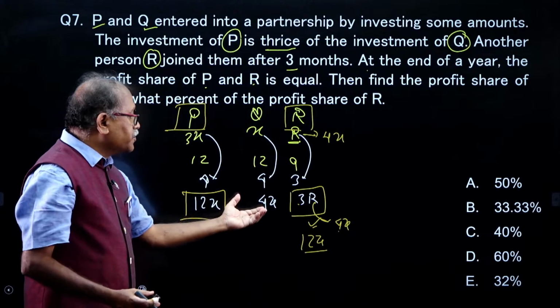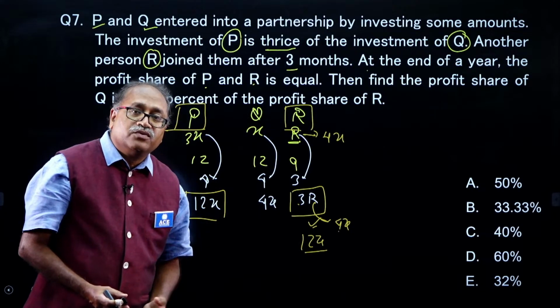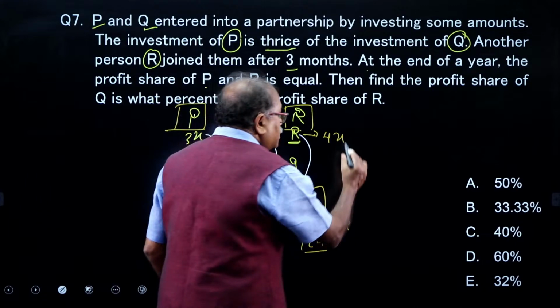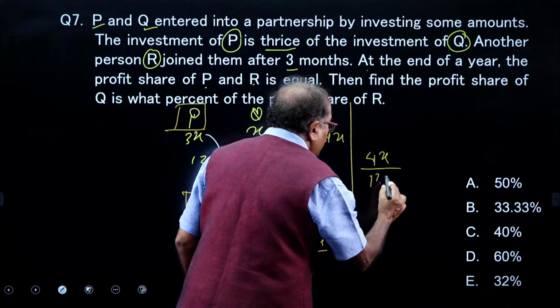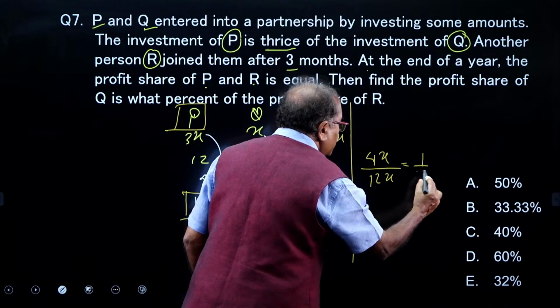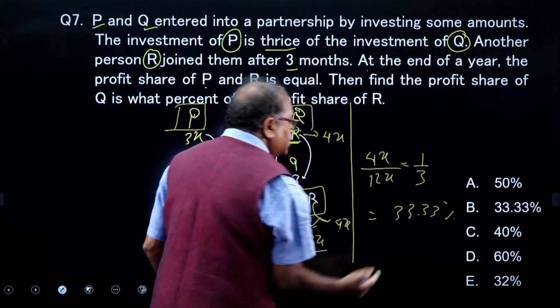So, the profit of Q is what percentage of R? In other words, 4x is what percentage of 12x. So, 4x by 12x is 1 by 3, that is nothing but 33.33 percent.